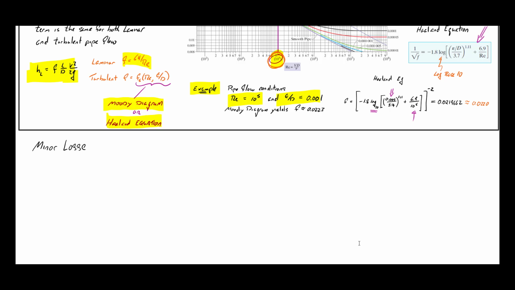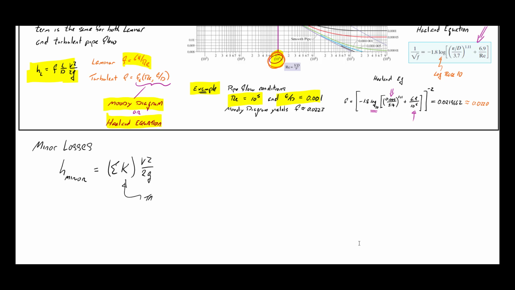that the minor losses will have a form of h minor equal to the sum of these K values times V squared over 2G. And these are values that we need to look up in tables.